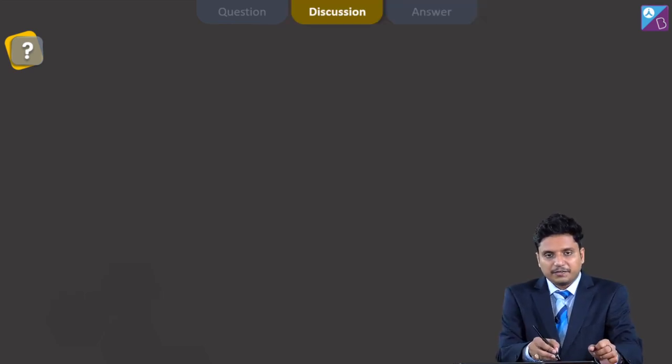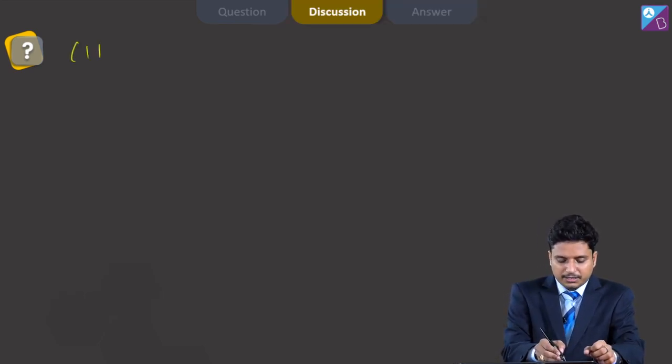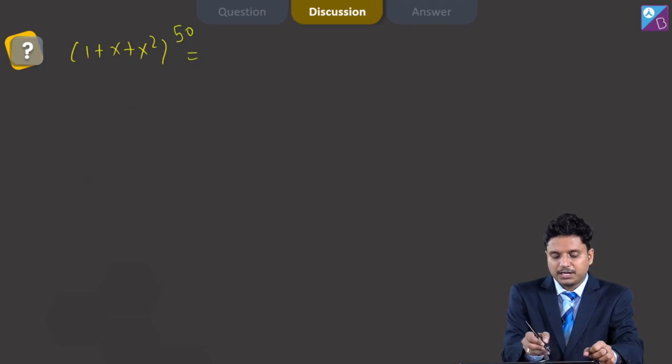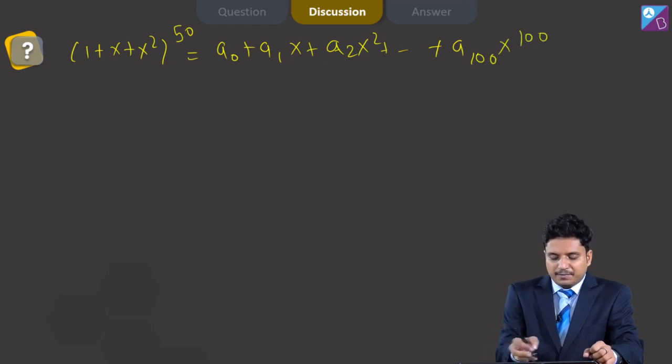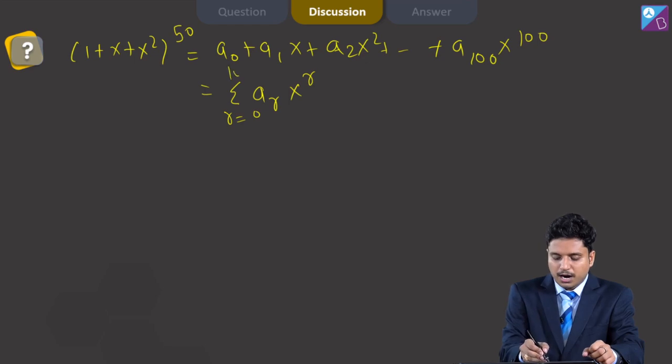For the next options what we can think of, that (1 plus x square) raised to power 50, this expression is given as a0 plus a1x plus a2x square up to a100 x raised to power 100. That can be summed up as summation over ar x raised to power r, and r was actually varying from 0 to 100.